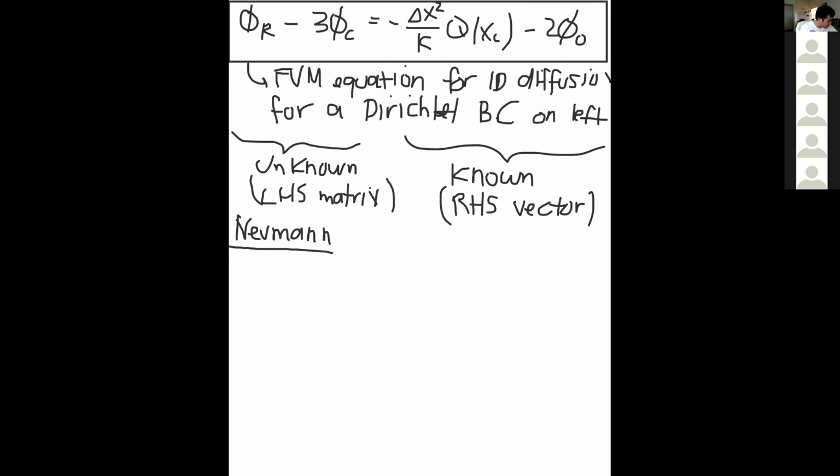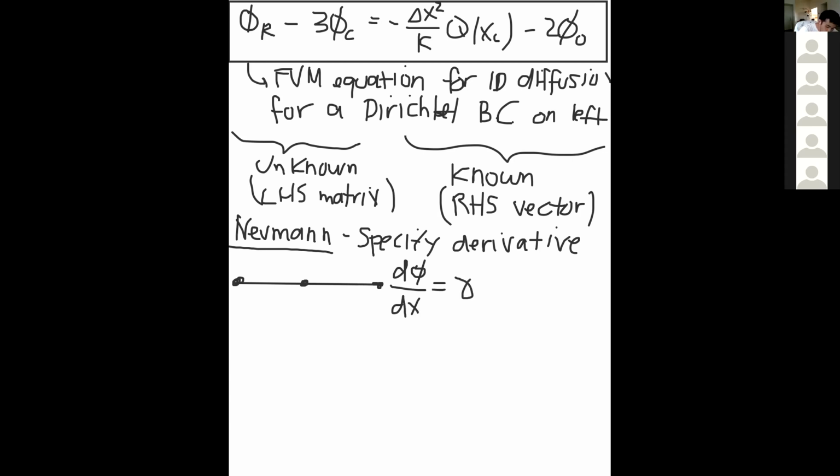Okay, so let me draw our line again. Remember, Neyman conditions are conditions where we supply the derivative. So in a 1D case, on this right boundary, we can set a Neyman condition of gamma.